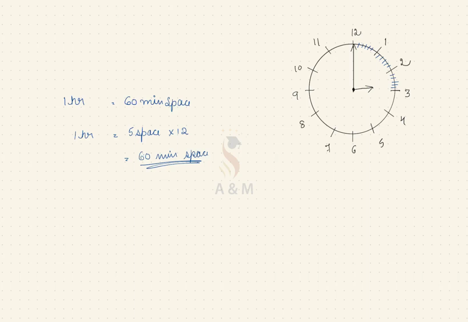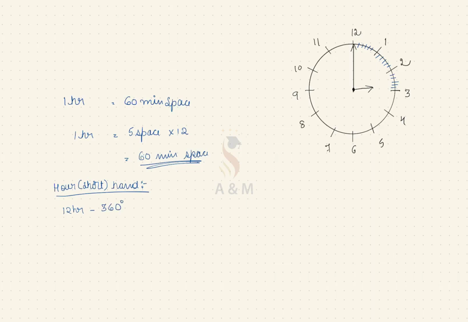Now talking about your hour hand, that is the short hand. Okay, you know that hour hand takes 12 hours to rotate one circle, that is 360 degree, right?